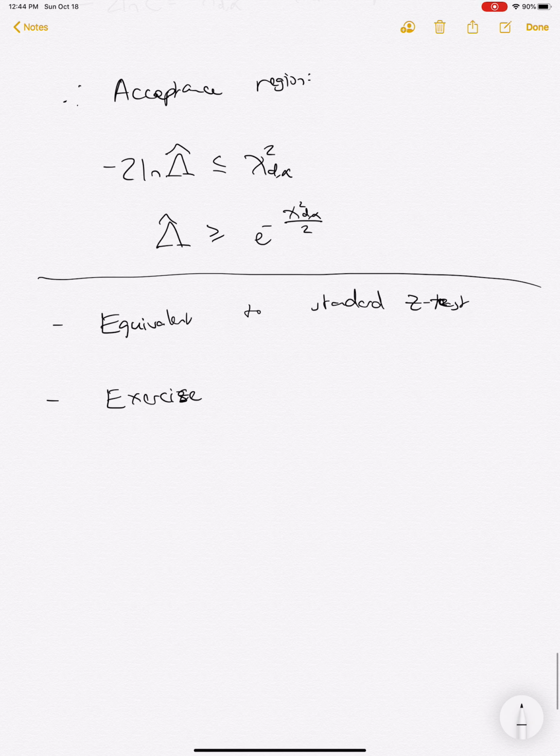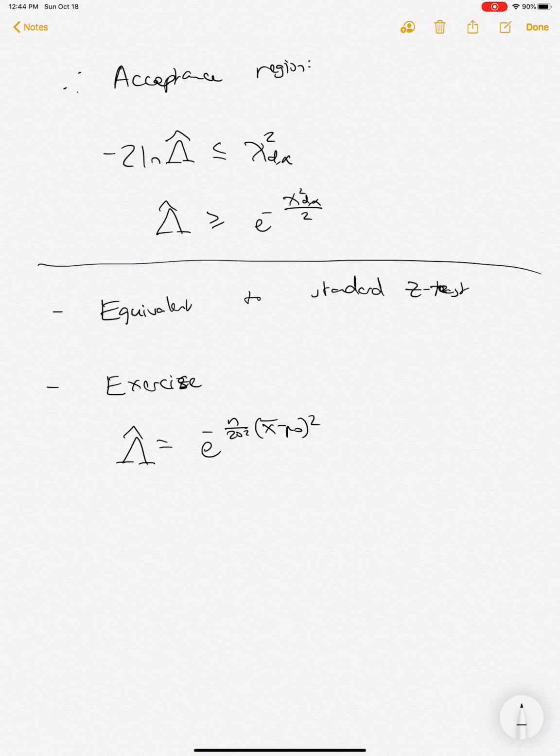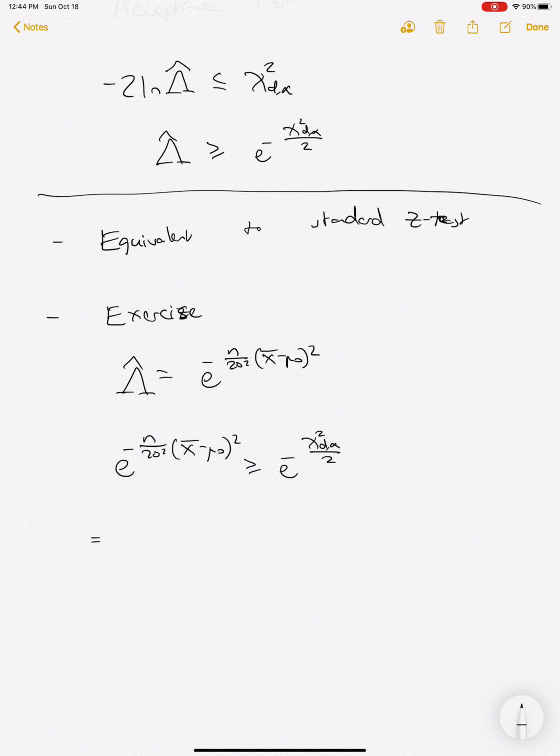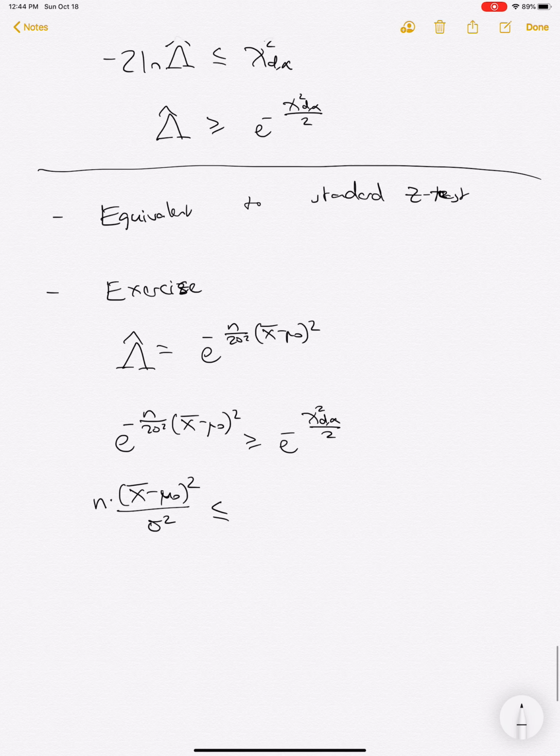And I guess just to write this out, we know that gamma hat is equal to, so this is equivalent to saying that it should be bigger than or equal to, and so this is exactly the same as saying that it is less than or equal to.